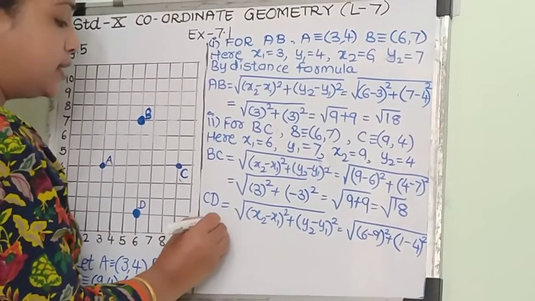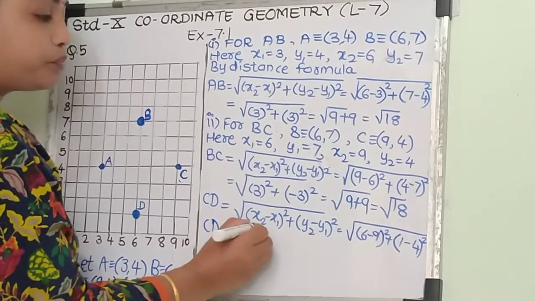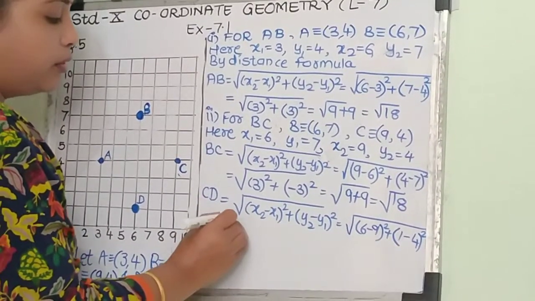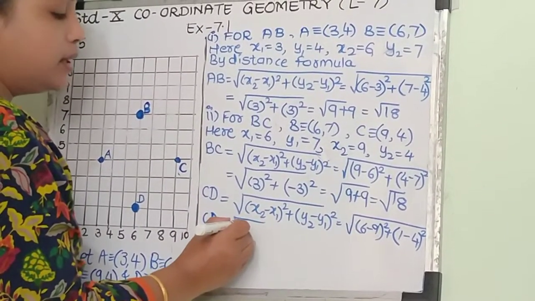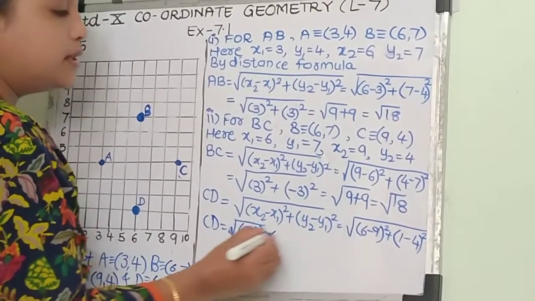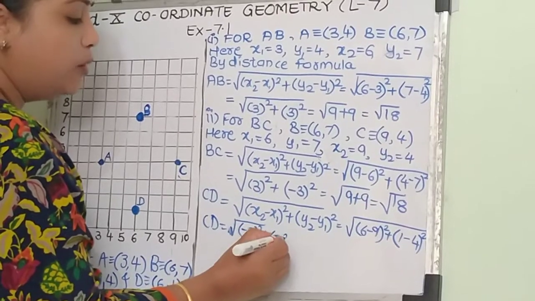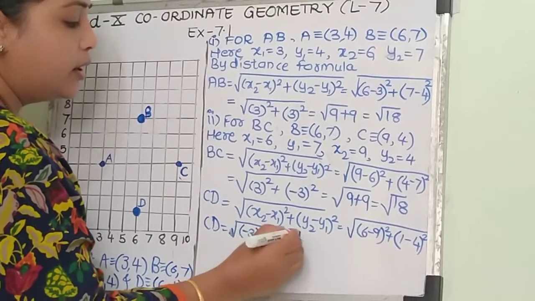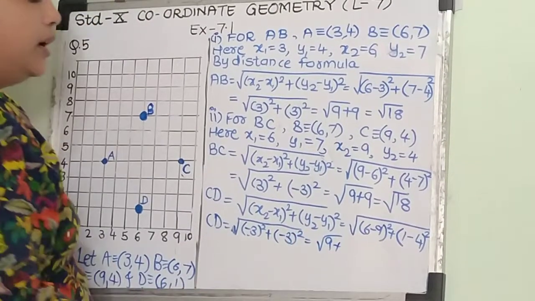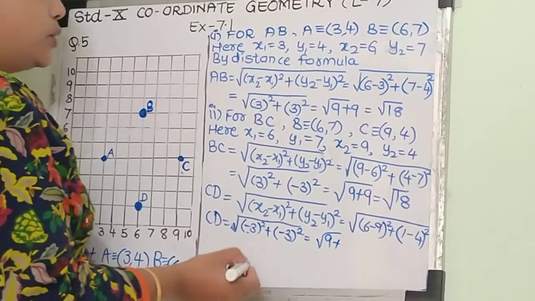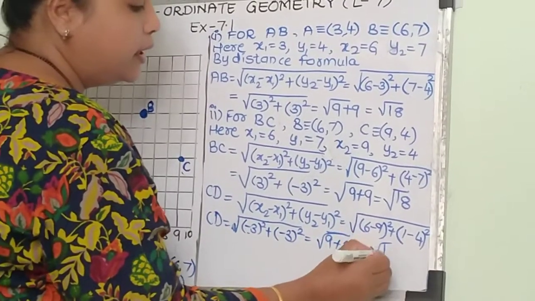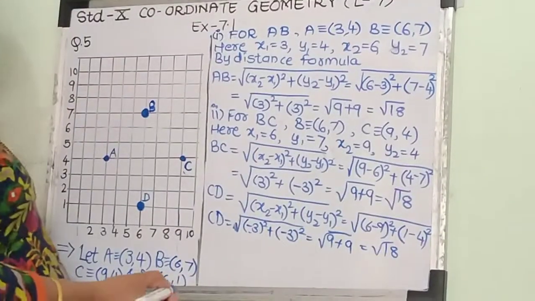So we get CD is equal to root of (6 minus 9, that is minus 3) square plus (1 minus 4, that is also minus 3) square. So minus 3 square is 9, a negative number's square is also positive, plus 9 we get 18, root of 18.